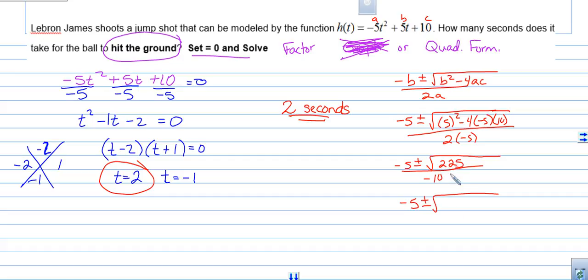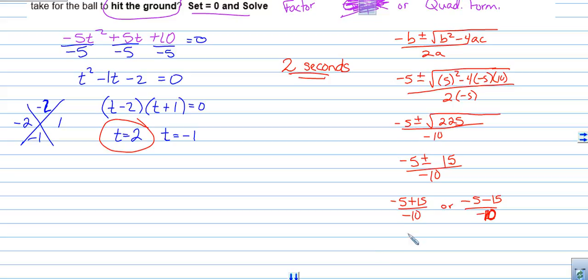So the square root of 225 is 15, all over negative 10. So then you get negative 5 plus 15 over negative 10, or negative 5 minus 15 over negative 10. Okay? And so then that gives you 10 over negative 10, which equals negative 1, or you get negative 20 over negative 10, which is 2.